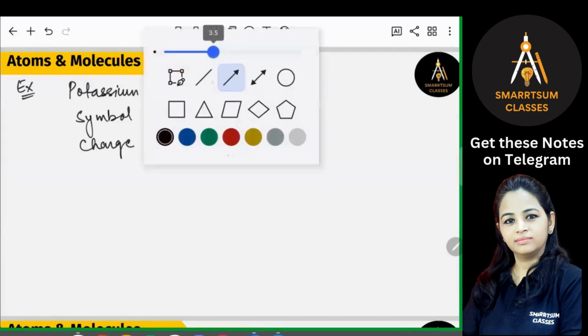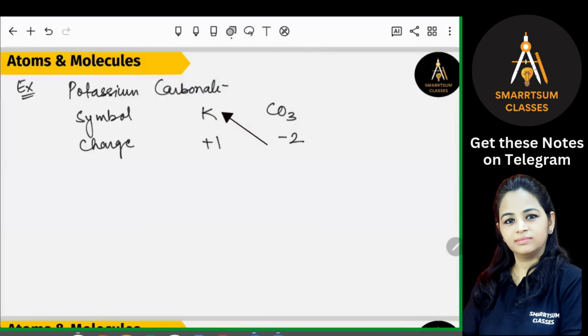Now we can use the crisscross method again, and we'll write down the formula. That is K2CO3. So what is potassium carbonate? K2CO3. Next example. Aluminium hydroxide.